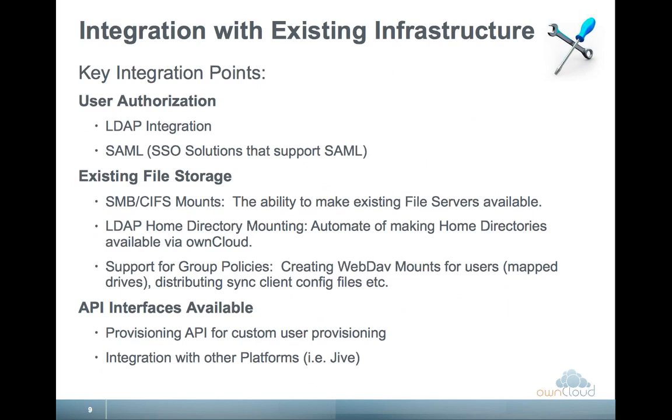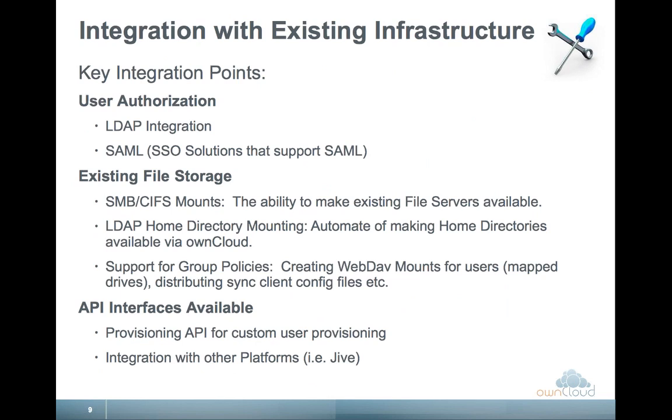Now, I'm sure a lot of you are sitting out there thinking, boy, this all sounds great, but I've got an existing infrastructure, and one of my key concerns is how this integrates with it. So I want to take a few minutes to talk about that. Take user authorization: most of the time you're going to have some form of directory structure, say LDAP, Active Directory, or OpenLDAP, that you use to manage user credentials.